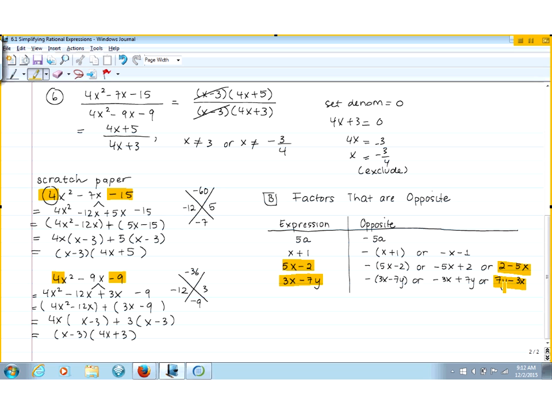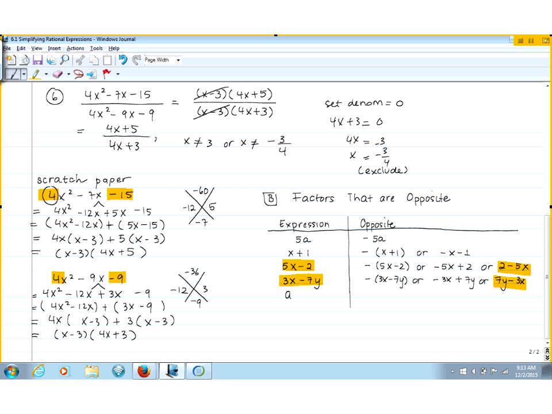So what comes up really often is 3x minus 7y and 7y minus 3x. Are these two the same? No, they are the opposites. They're not the same, they're the opposites. Yeah. All right.